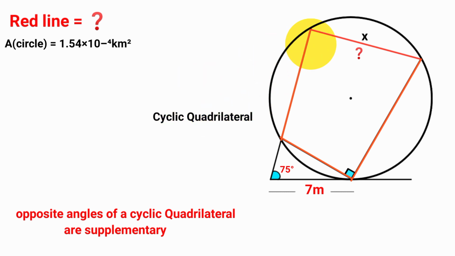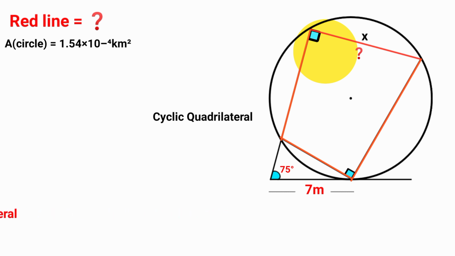We can see this angle and this right angle are opposite to each other. So by this rule, the sum of the two angles must be 180 degrees. So since this is 90 degrees, this must be 180 degrees minus 90 degrees, which is 90 degrees. That is also a right angle.